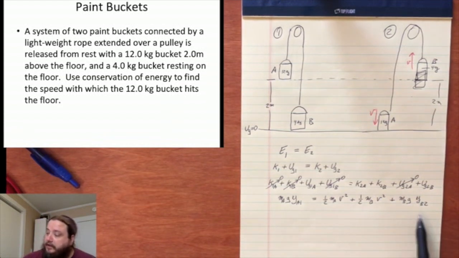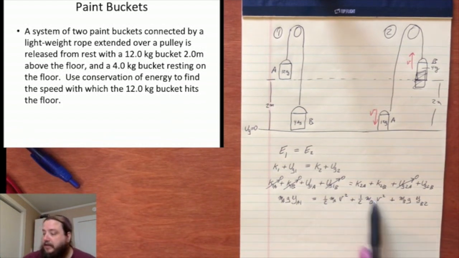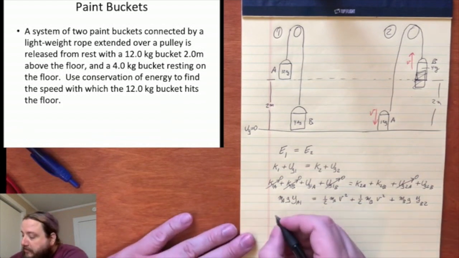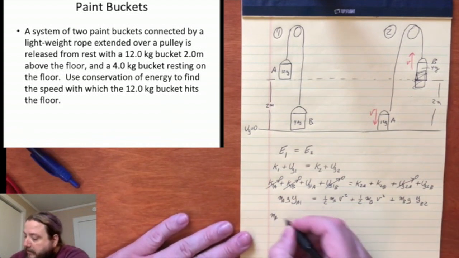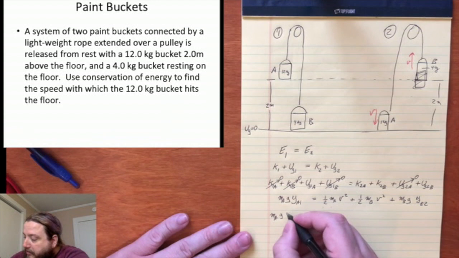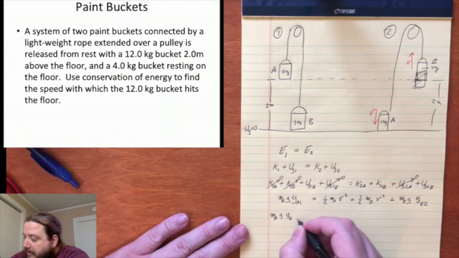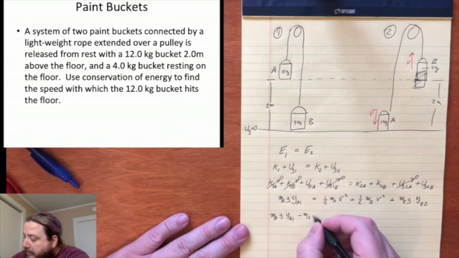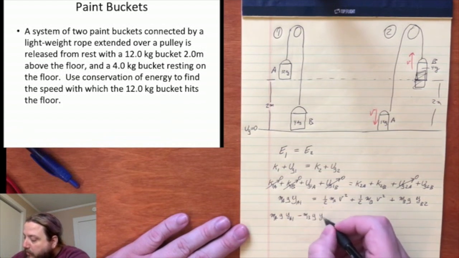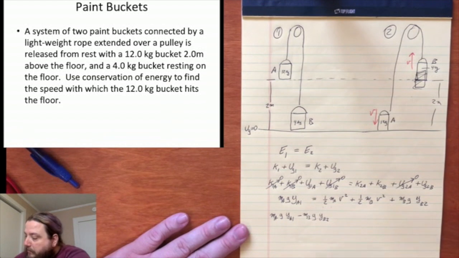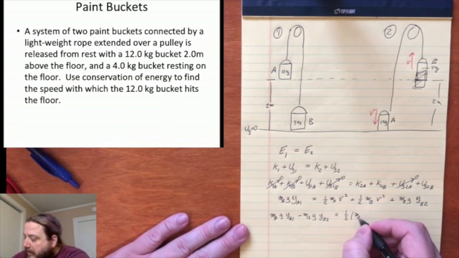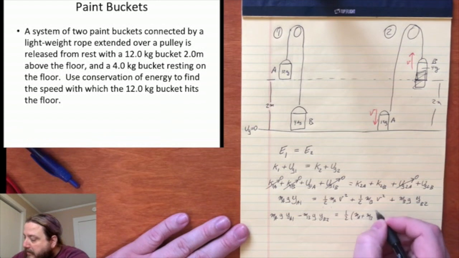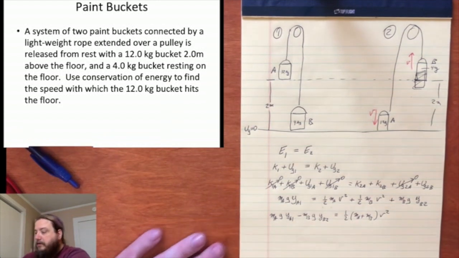Let's move the gravitational potential energy terms to one side and the kinetic energy terms to the other side. So mass of bucket A times g times yA1 minus the mass of bucket B times g times yB2 is equal to 1/2 (mA plus mB) times v squared.